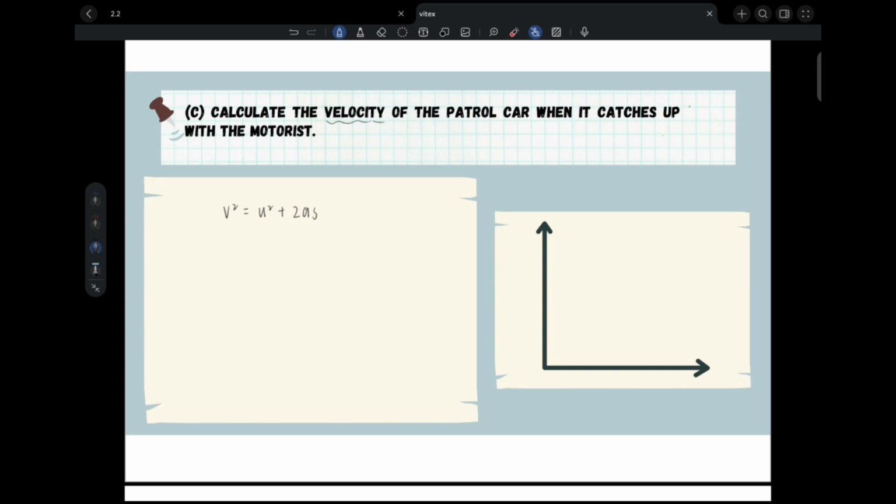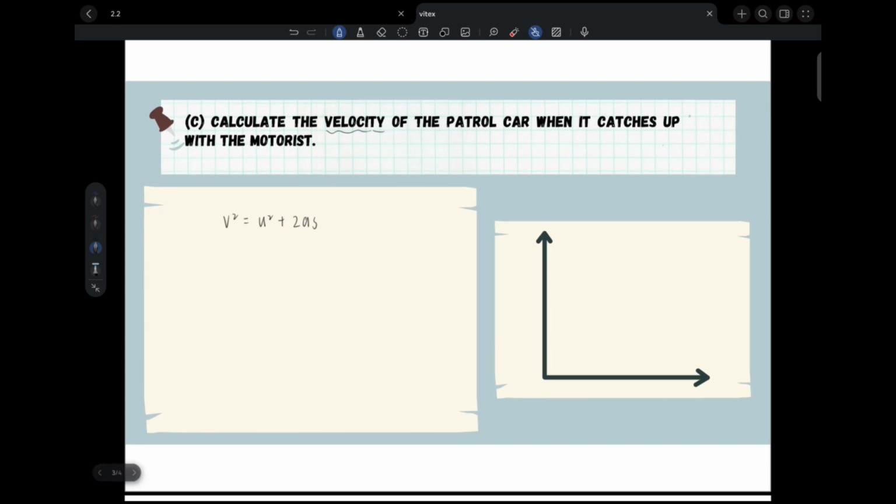We just substitute the information given and the information we have found in the previous question, which is 0 plus 2 times the acceleration and s in the standard unit form, which is 10,000 meter, and we will get our answer. And that's it.